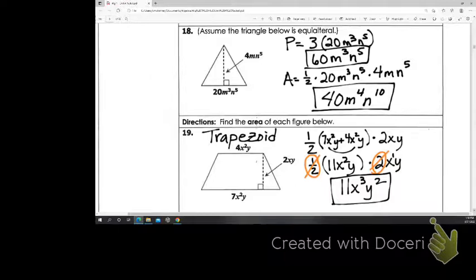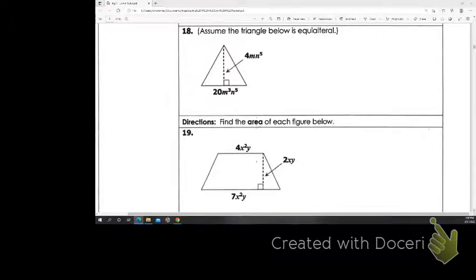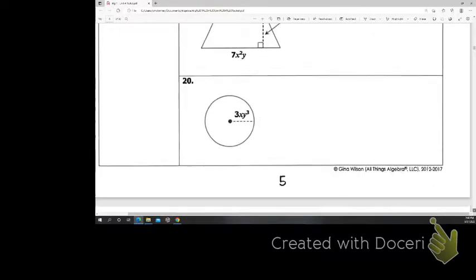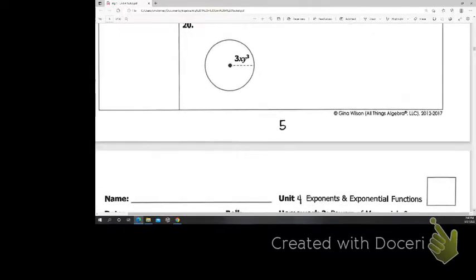One final example. The circle. And only area for the circle. Does anyone remember the formula for the area of a circle? Radius times.